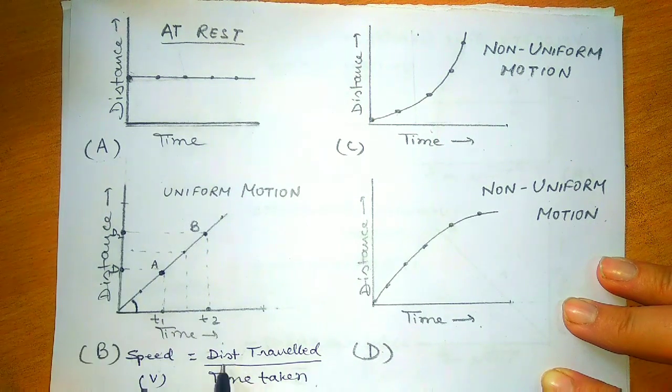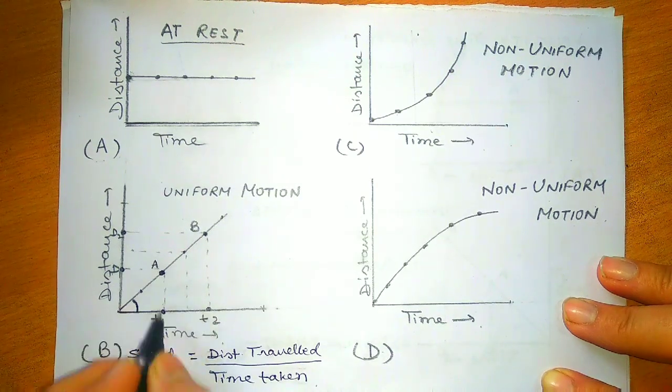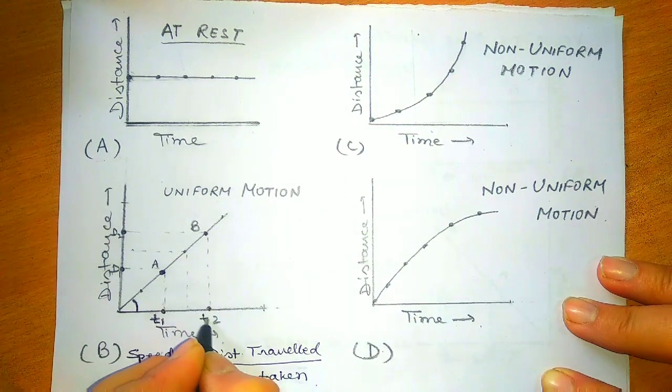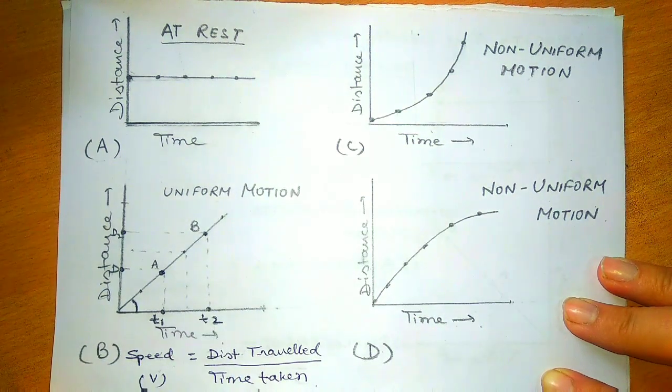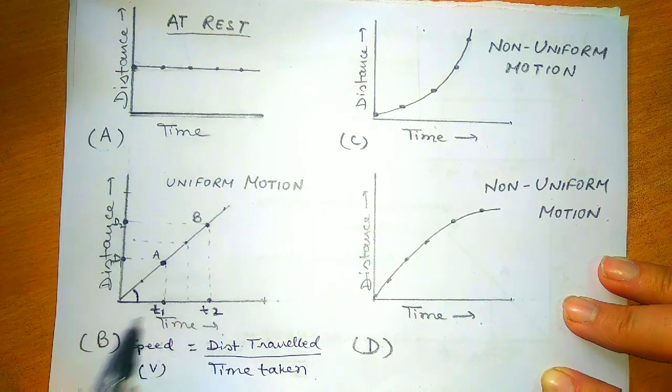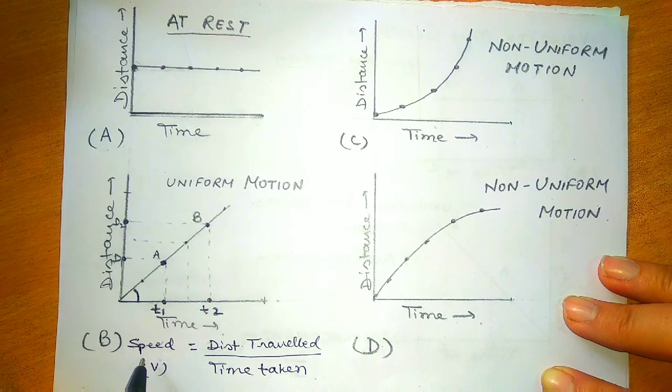Initially it starts at point t1 and finally reaches point t2, so time taken is t2 minus t1. If I know these values, d2 minus d1 divided by t2 minus t1, I can get the value of speed.